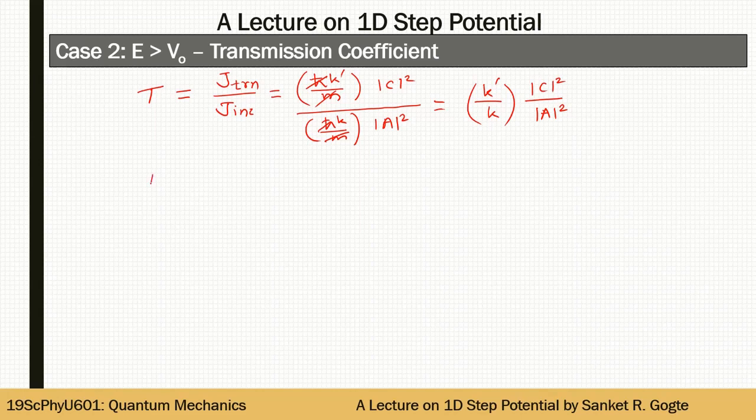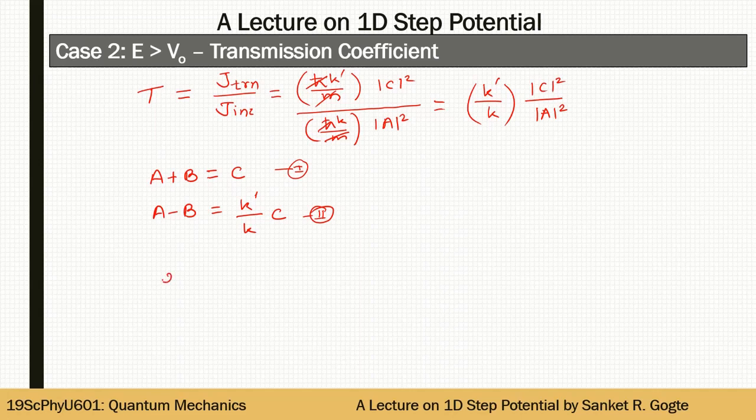And for that we have our boundary conditions handy. A plus B is C and A minus B is, what was it, K prime by K into C. So to obtain this ratio, I have to now get rid of this B, and that is easy. I can simply add the two equations. This is my first equation and this is the second equation which I have obtained by using the boundary conditions.